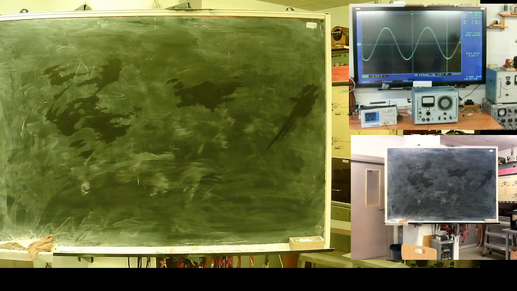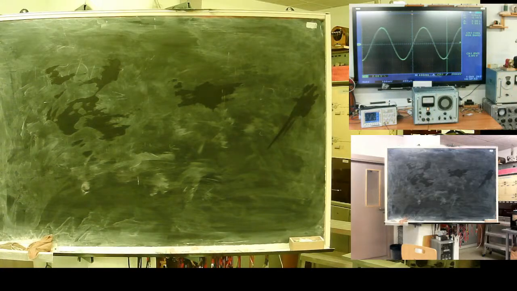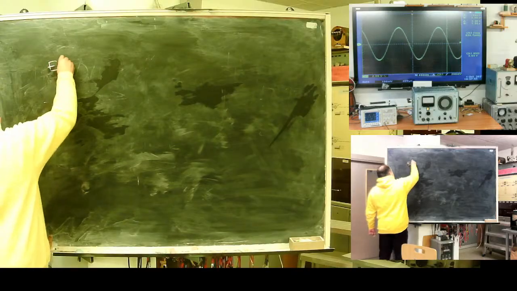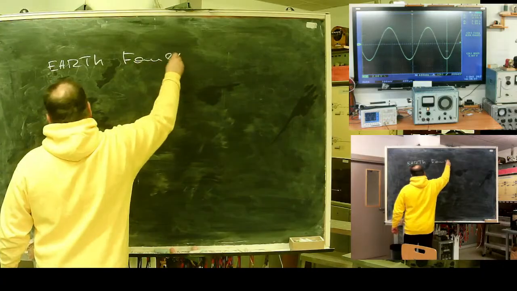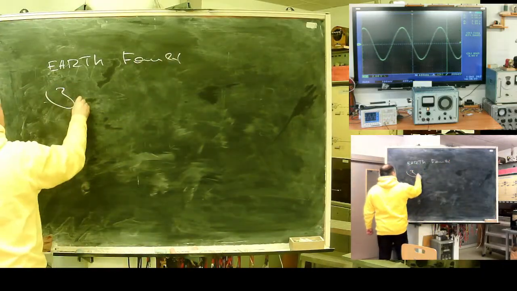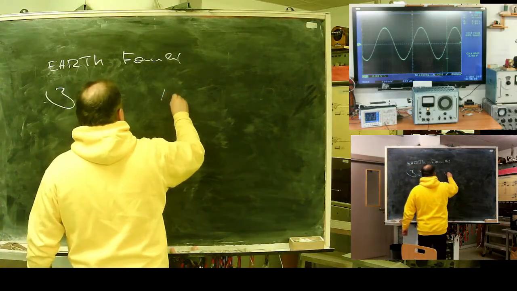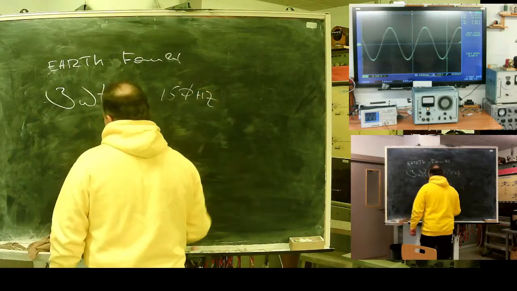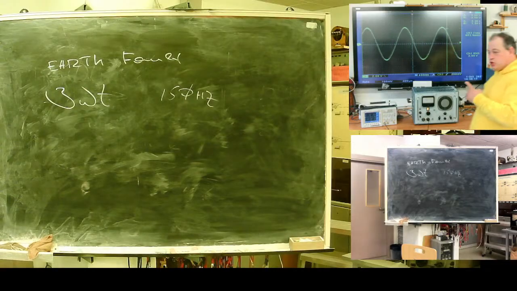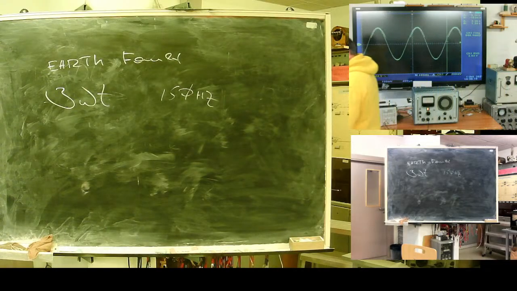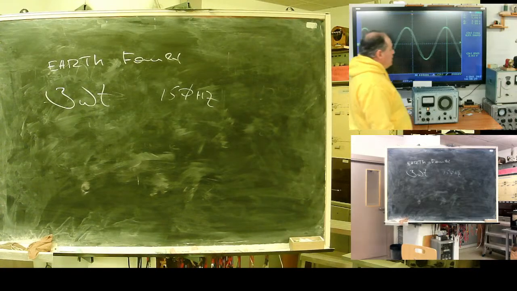If you speak about earth fault protection, it often uses 150 Hertz components. Here the frequency range should be above 150.